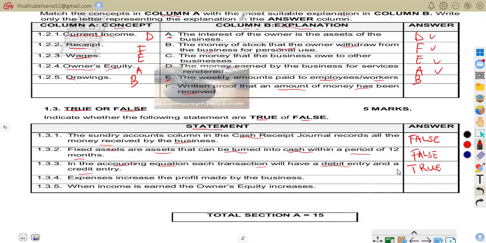For example, buying equipment for cash: the equipment account increases, that is debit, and cash decreases, that is credit. So that is what we're saying is true.